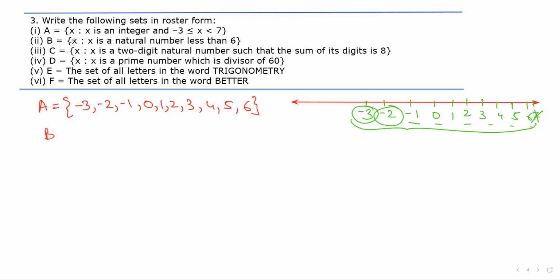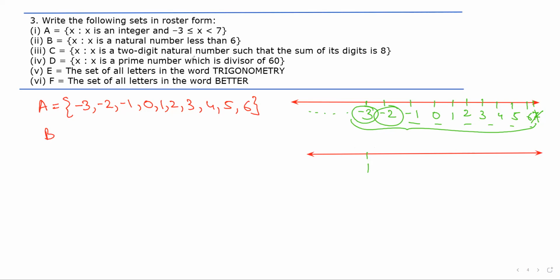B is equal to all x such that x is a natural number less than 6. Now let's redraw the number line. If you can do it without a number line, then it's good. If you cannot imagine it as of now, it's fine. You just draw the number line and then place the condition there. x is a natural number. We know that natural numbers start from 1. We'll only mention those numbers which are part of the given conditions.